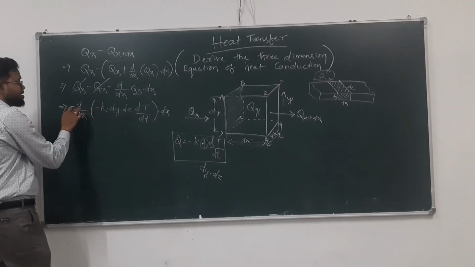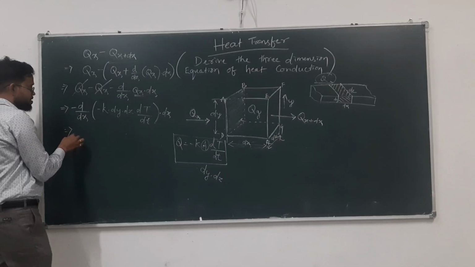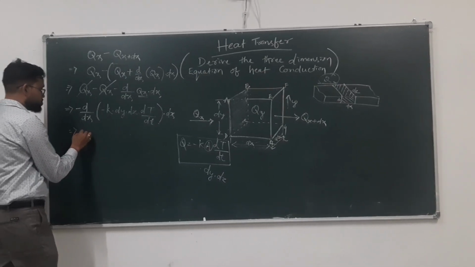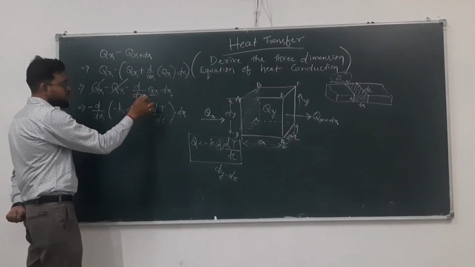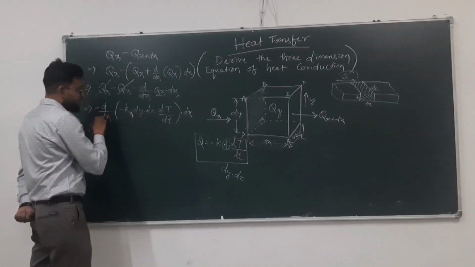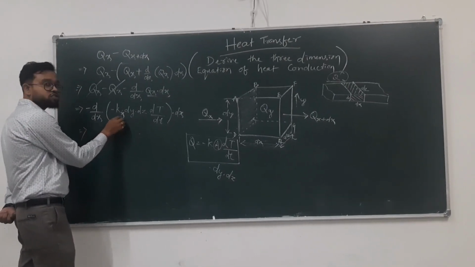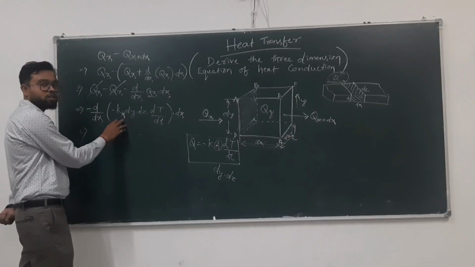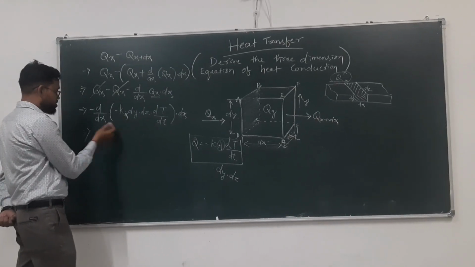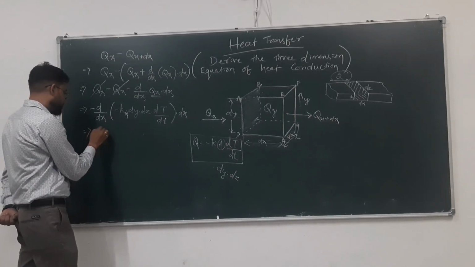Now both the minus signs cancel. As we are considering x axis, the k is kx. It is a constant thermal conductivity, so it will come to the front.